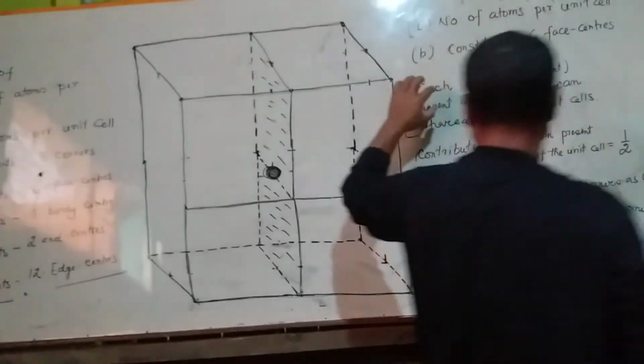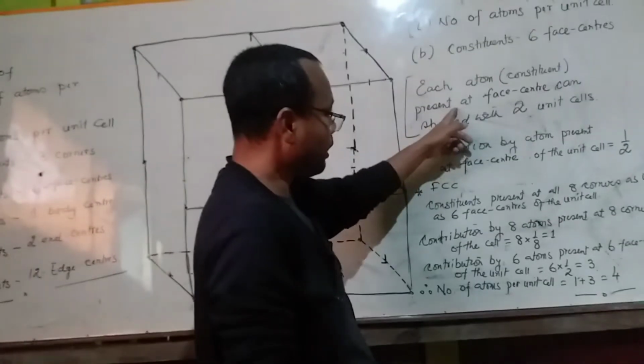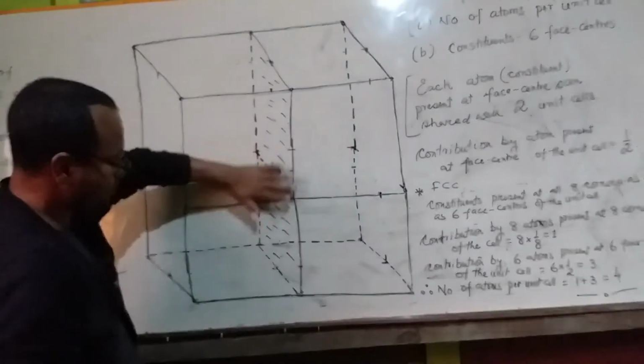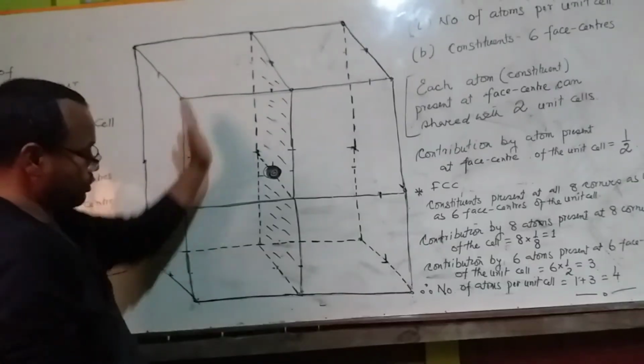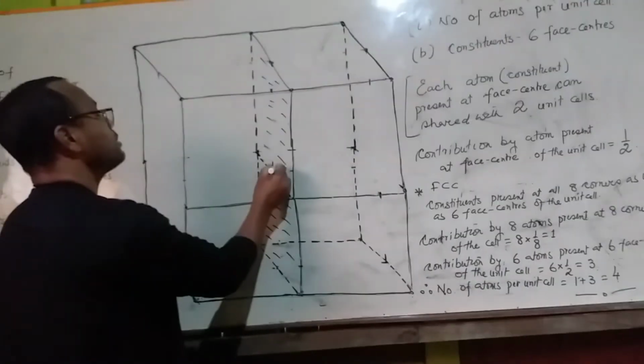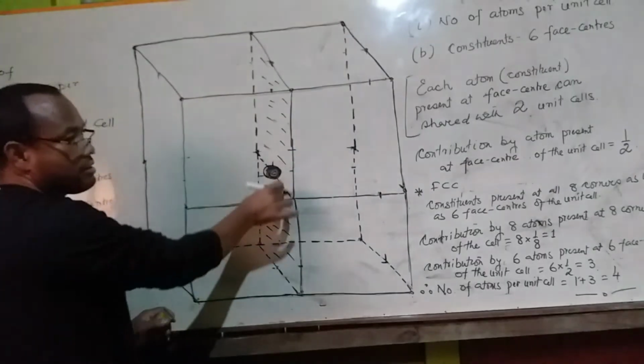Now here I write the atom where it is present at the face center. Here is the face, one of the faces of the one unit cell which I show here. So this center is just here. This is the constituent or atom present at the face center.